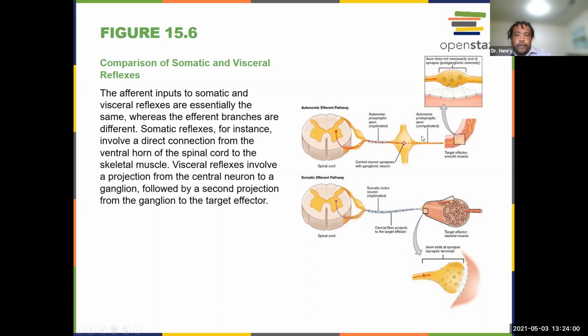This will be the ganglionic nerve, and then that will be going off to our effector targets, which in this case, again, is the smooth muscles.